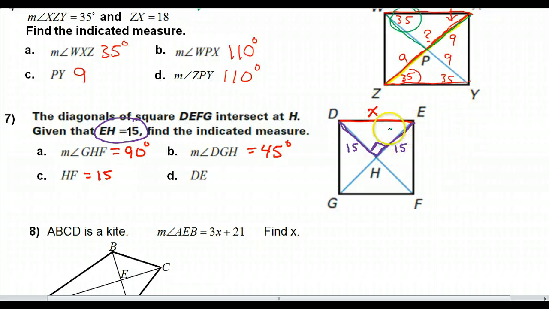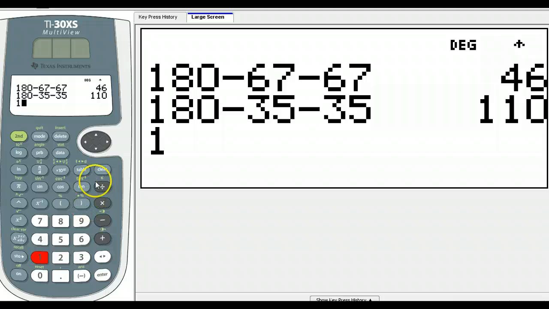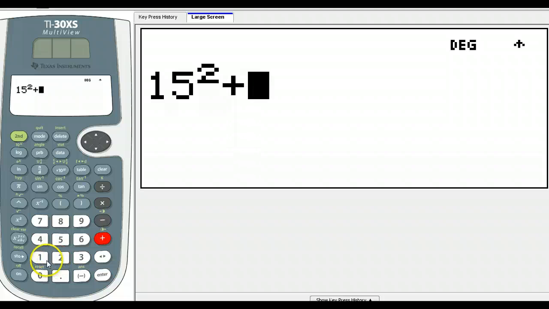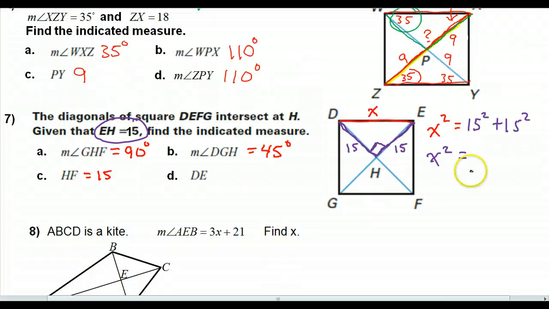So let's just do a squared plus b squared equals c squared, the Pythagorean theorem. So x squared is going to equal 15 squared plus 15 squared. That's 450. x squared is equal to 450.